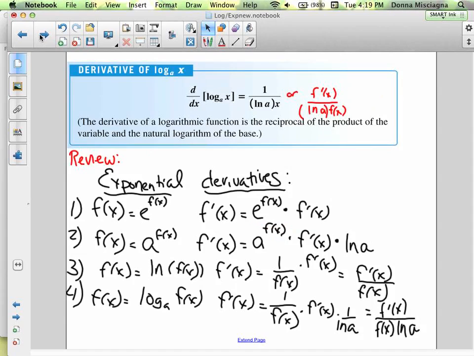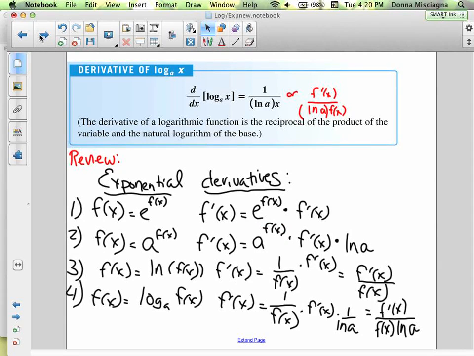And this is where I'm going to stop. All right, so we've looked at the first three. We've covered the derivative of an exponential function. If it's e to the x, and we have something other than x, so e to the f of x, where f of x is a function, remember, the derivative is going to be an exact copy times the derivative of the exponent.